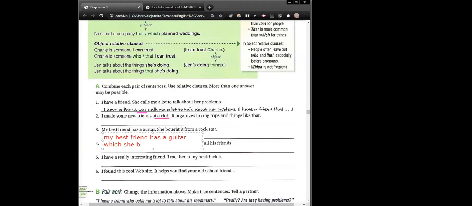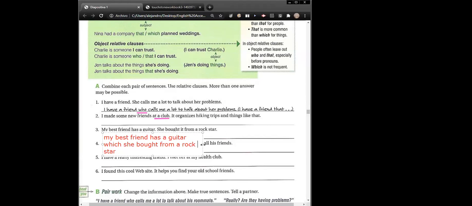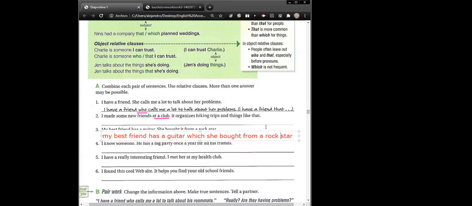Which she bought from a rock star. Excellent, very good. Which she bought from a rock star. Excellent, yes. Okay, so here, guys, in this case, you can omit which, okay? You can omit it, yes? A guitar she bought from a rock star, okay? Very good. Now, Andrea, number four.